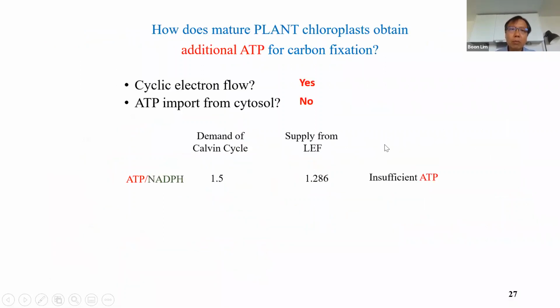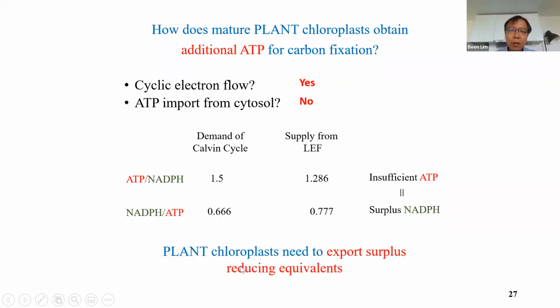So, based on our ATP data, we can say that linear electron flow did not supply enough ATP because the ratio is lower than 1.5. However, if we reverse this ratio, we can see that the linear electron flow actually generates surplus NADPH.